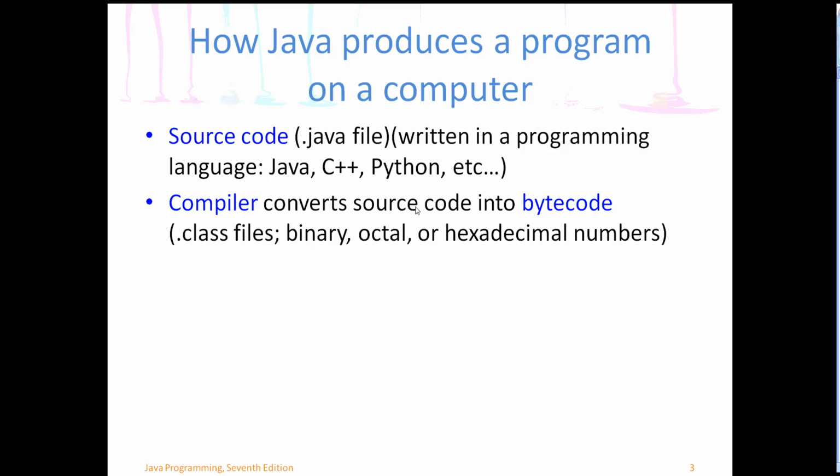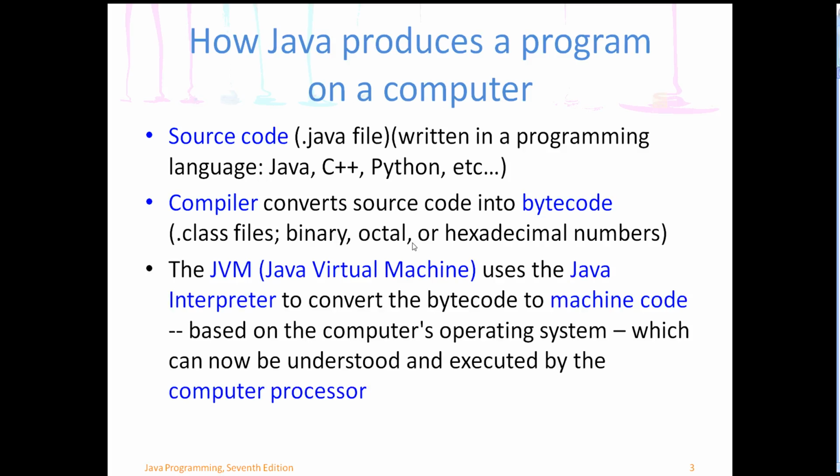Okay, the next thing is that the JVM, which is short for Java Virtual Machine, uses what's called the Java interpreter to convert the bytecode to machine code. So it goes from source code, gets compiled into bytecode, and then the JVM, or the Java Virtual Machine, uses the Java interpreter to convert the bytecode into machine code.